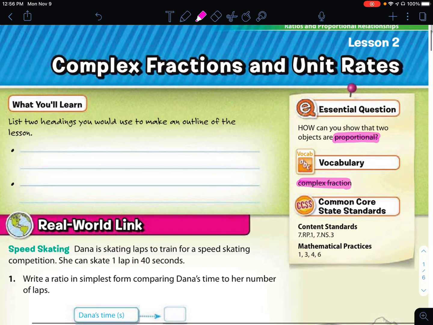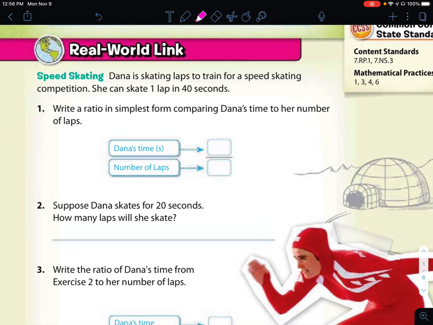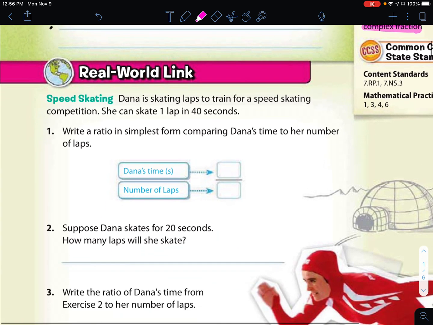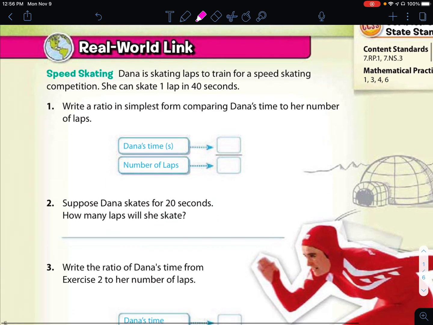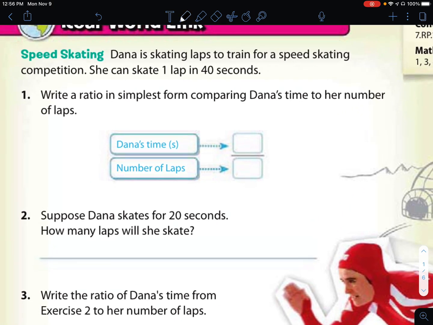So let's go to the real world example, the real world link, and let's see how complex fractions work in the real world. So Dana is skating laps to train for a speed skating competition. She can skate one lap in 40 seconds.